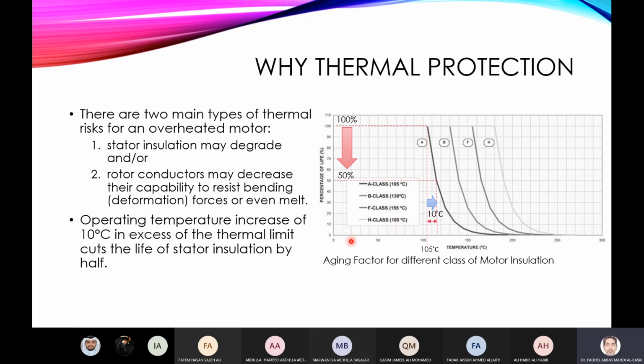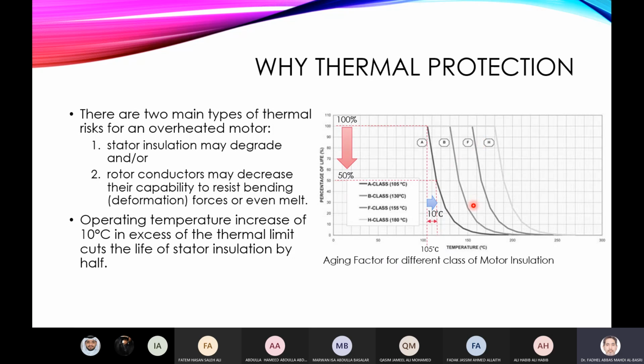The x-axis is the temperature, and the y-axis represents the percentage of life reduction. So this is the aging factor for different classes of motor insulation.